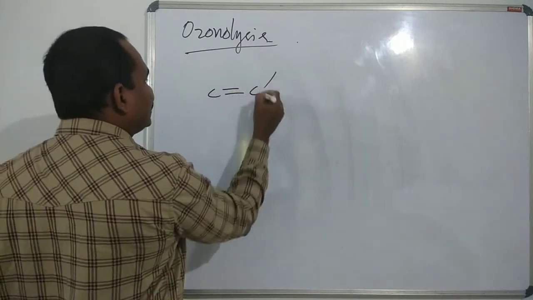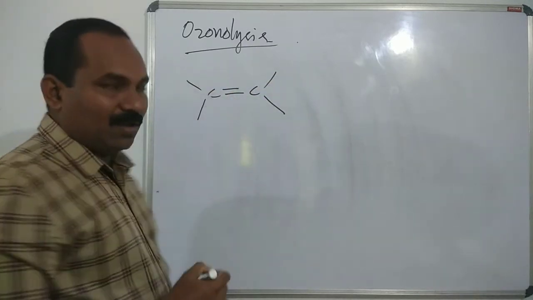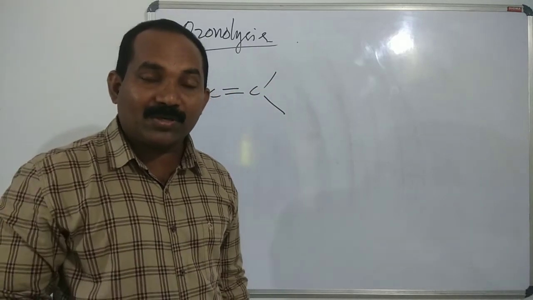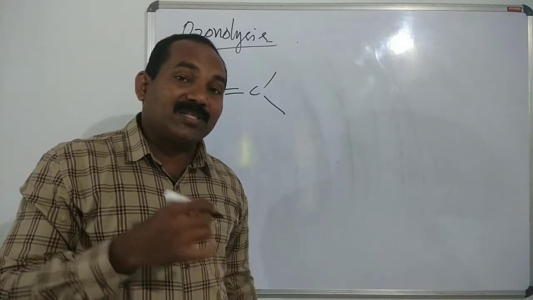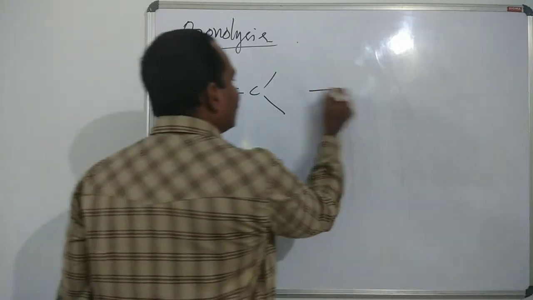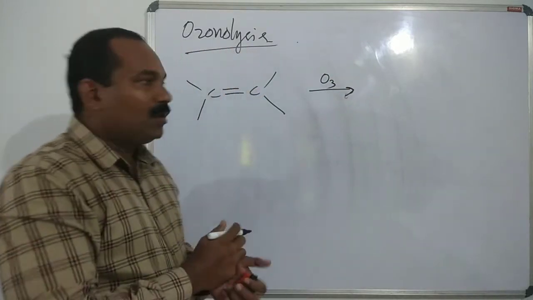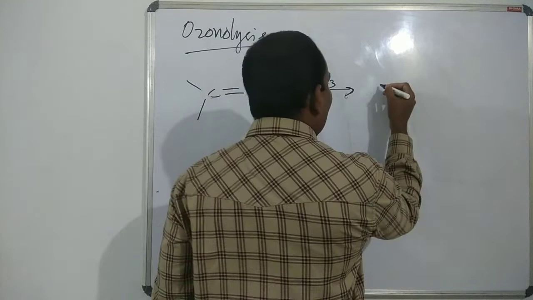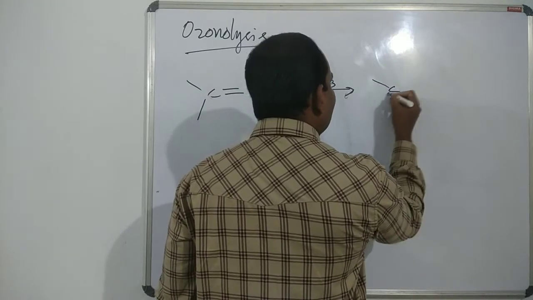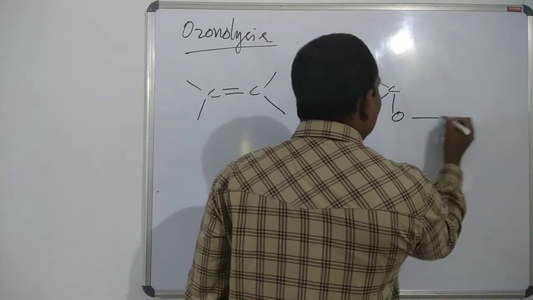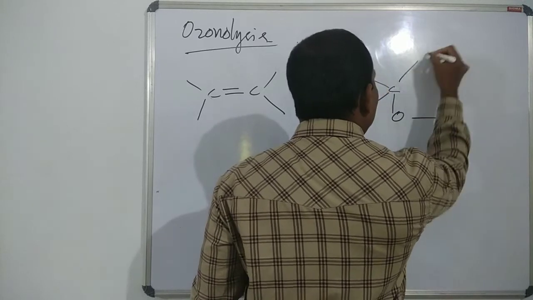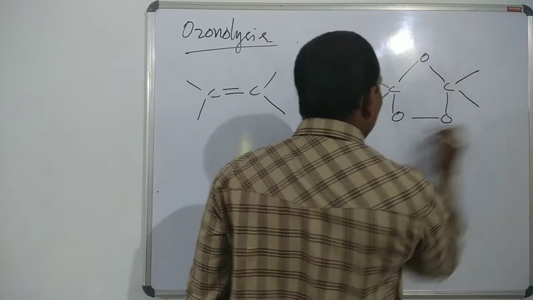So let's write the general equation. By studying the general equation, we can understand any reaction. First of all, react with O3, we get ozonide. Very simple. Ozonide, oxygen, C. This is ozonide.